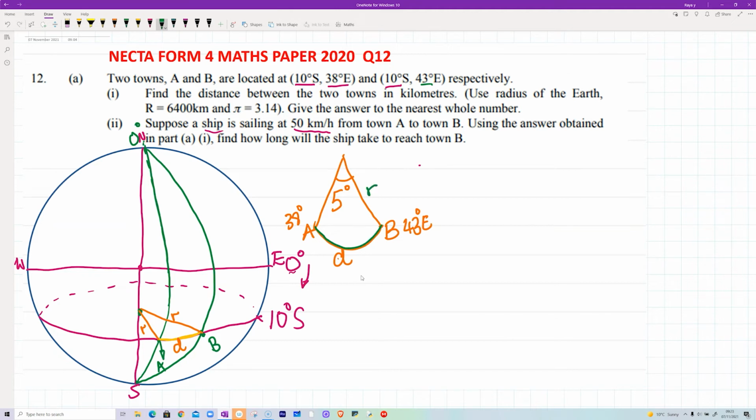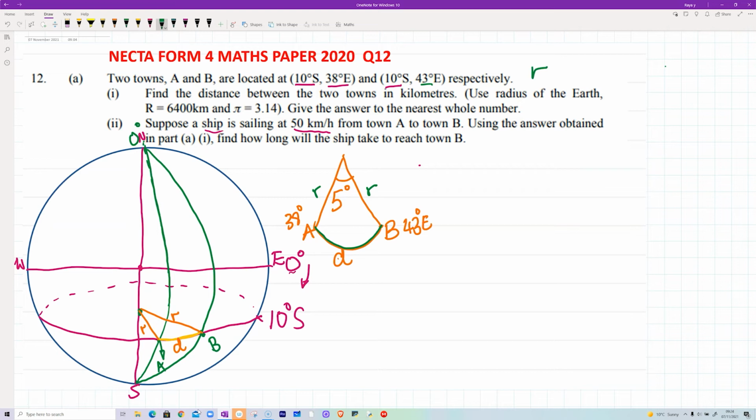That's the radius of the latitude. Now I'm not going to show you how to find the radius of the latitude. I have shown this clearly in my earlier videos. Now to find R, you need to use this formula.